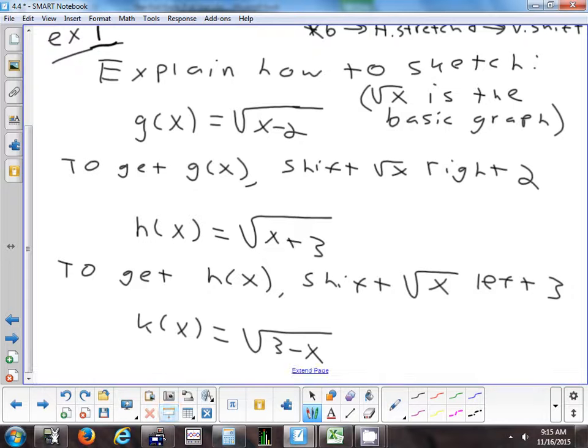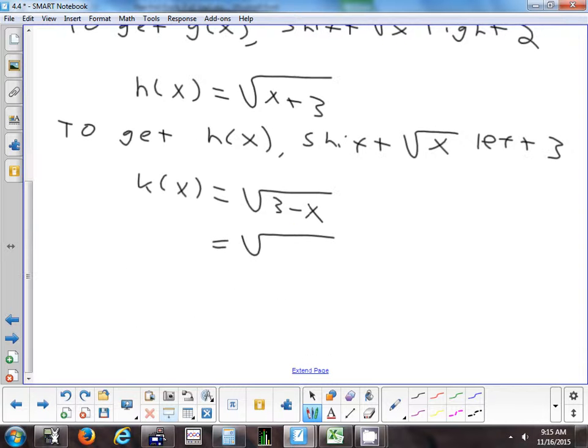Okay, and k of x. Be careful before we even start this problem. What should we think about doing first? Right, this is not the standard way we normally write it. We always put the x first. Now there are 2 things happening.